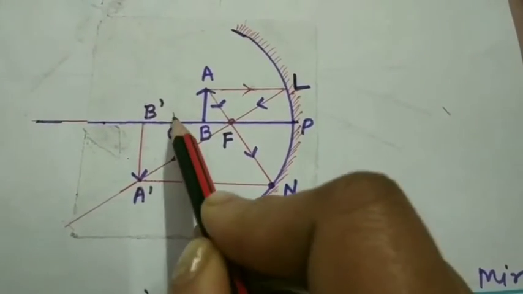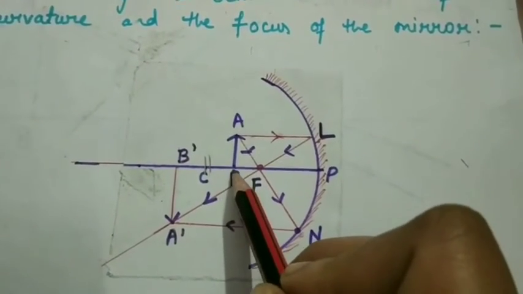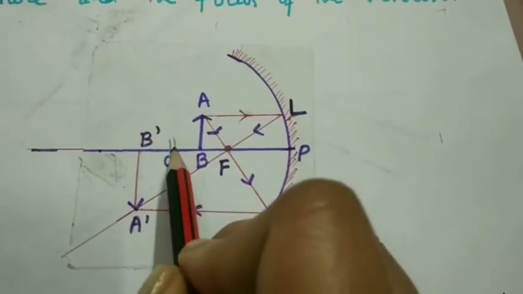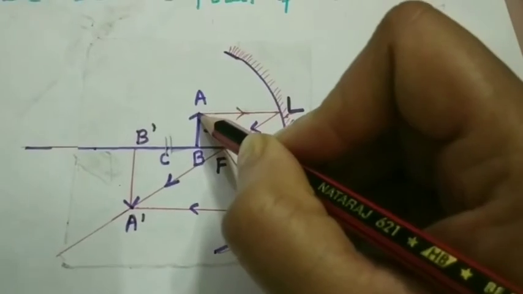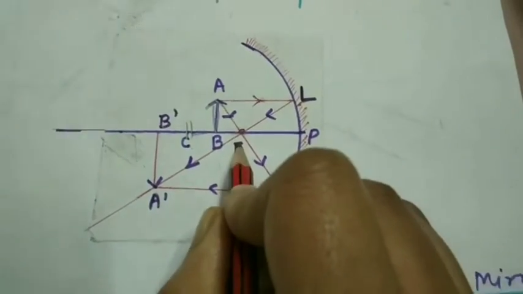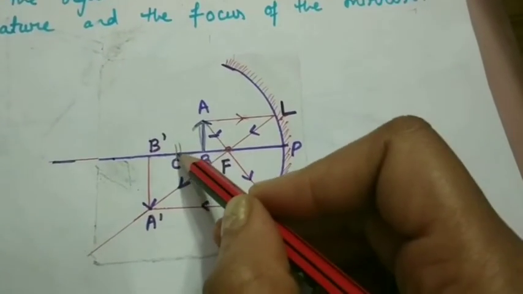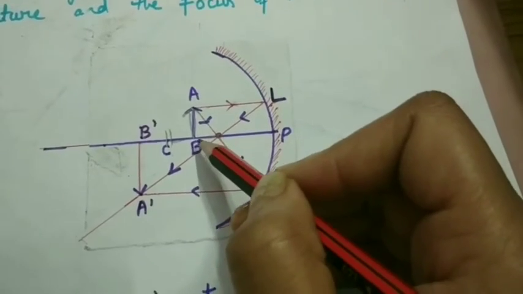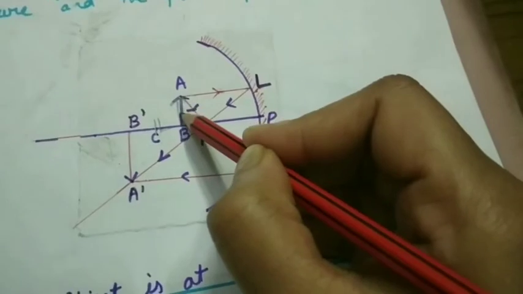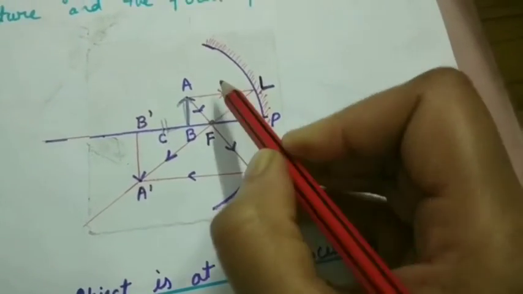This is the center of curvature, this is the focus, and something is between them. If an object AB is placed between the center of curvature and focus, then where will its image be formed, and what will be its size? Just see it carefully. This is the object AB placed between C and F.